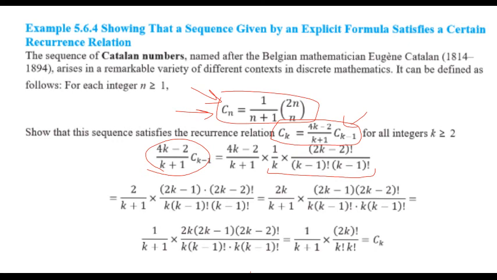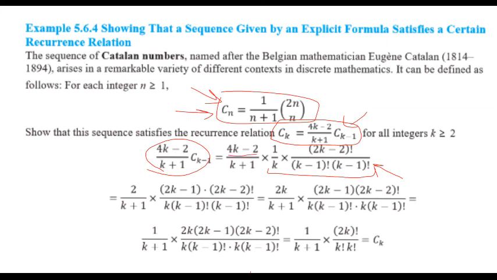And as you see, I wrote the explicit formula of n choose r here, which is basically a quotient with the numerator of 2k minus 2 factorial and the denominator of k minus 1 factorial times k minus 1 factorial.